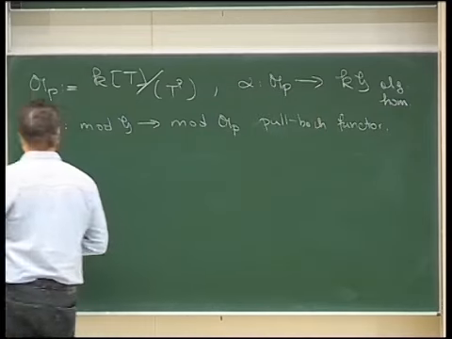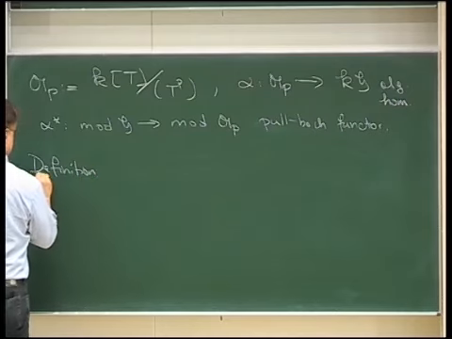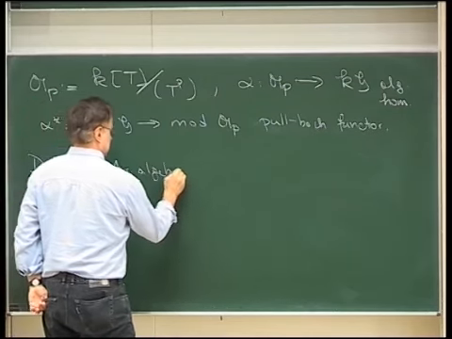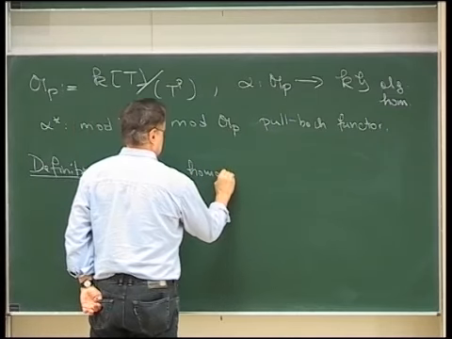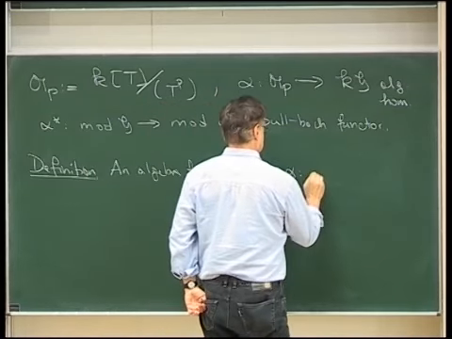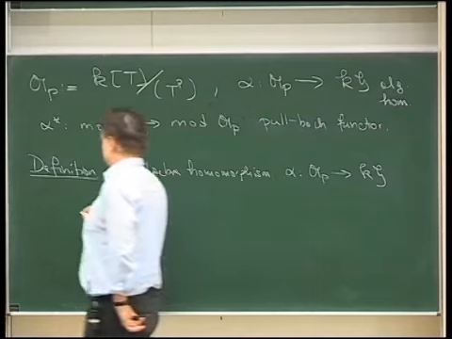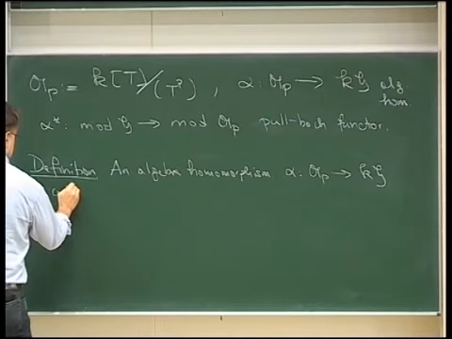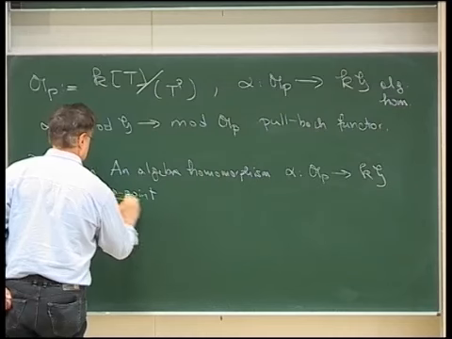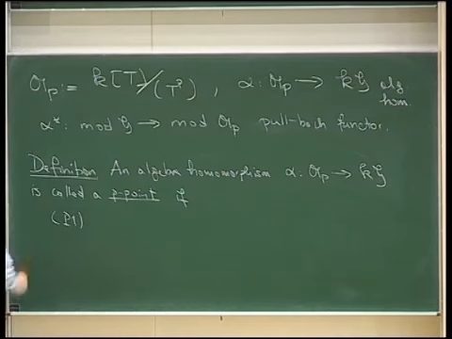So here's the relevant definition. An algebra homomorphism alpha from A_p into KG is called a p-point provided the following two conditions hold.